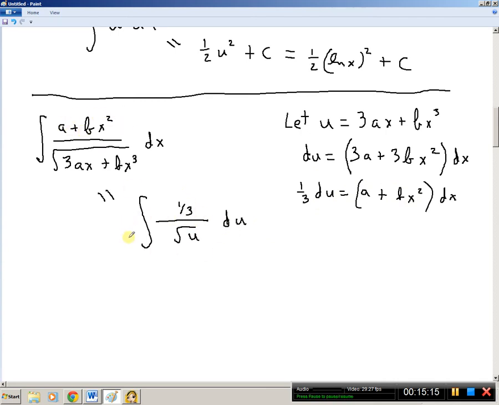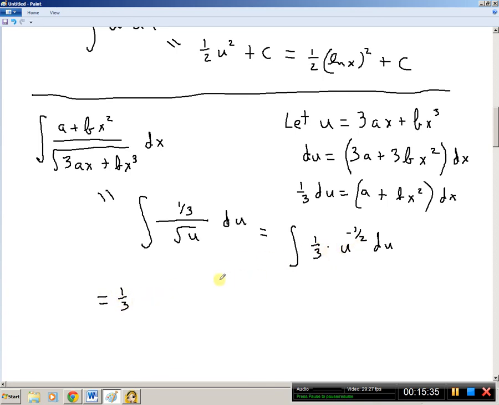So this is much, much nicer to deal with than that, because of course we can rewrite this as 1/3 times u to the minus 1/2 du, which means what's the antiderivative of u to the minus 1/2? Well, that's not too hard. The 1/3 is a constant. It's going to sit there.